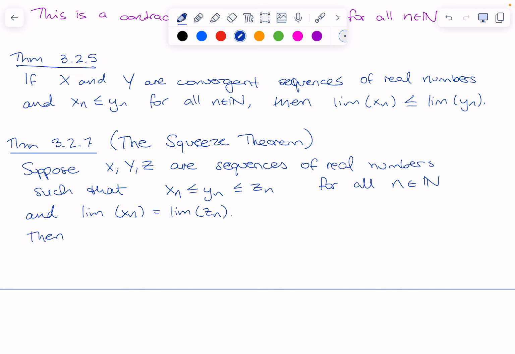Then the squeeze theorem tells us that y is convergent, and the limit of xn equals the limit of yn, which equals the limit of zn.